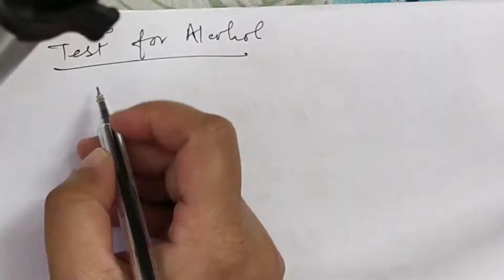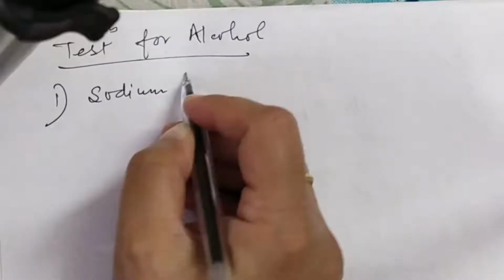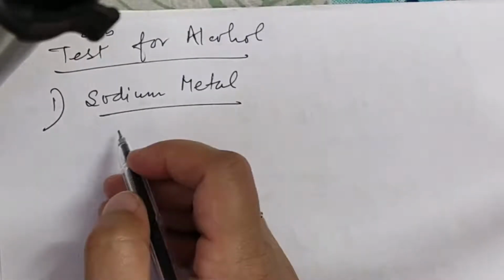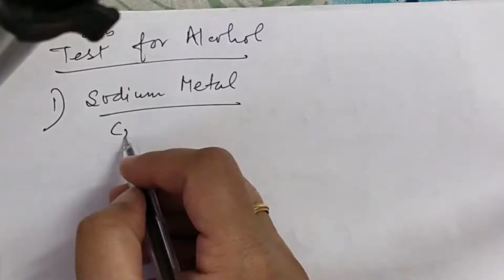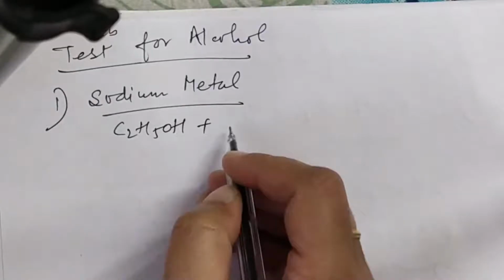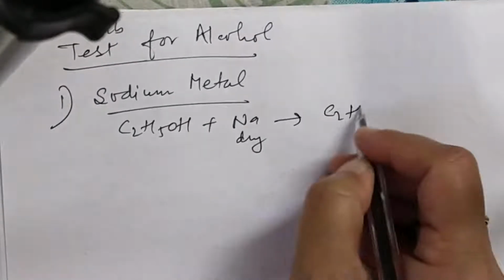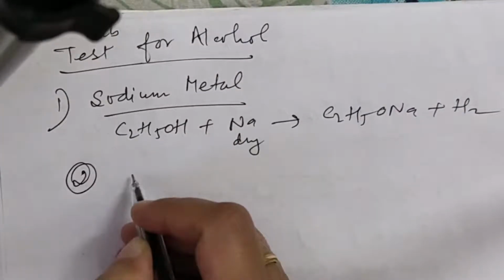Here you can test for alcohols in two ways. First is the sodium metal test. It is done in the same way: when you add sodium metal in the dry state to ethanol, it is converted into sodium ethoxide with the evolution of hydrogen gas. And the second test is ester formation.